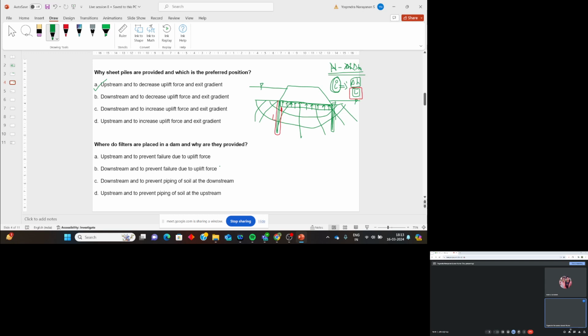Sir, if the water table is at the right hand side, sometimes there are anchors or sheet piles, sir. Not that, sir.